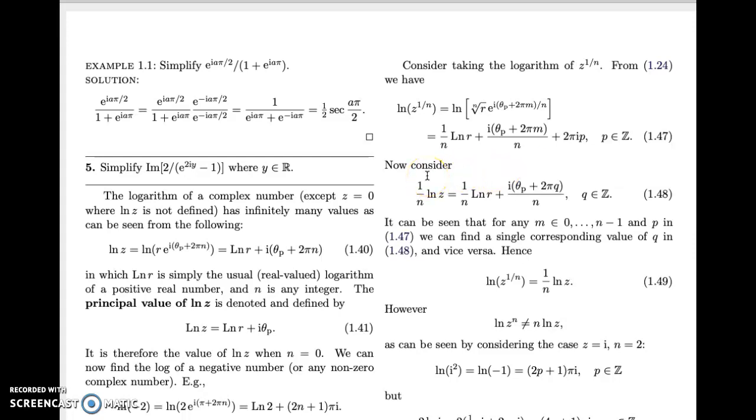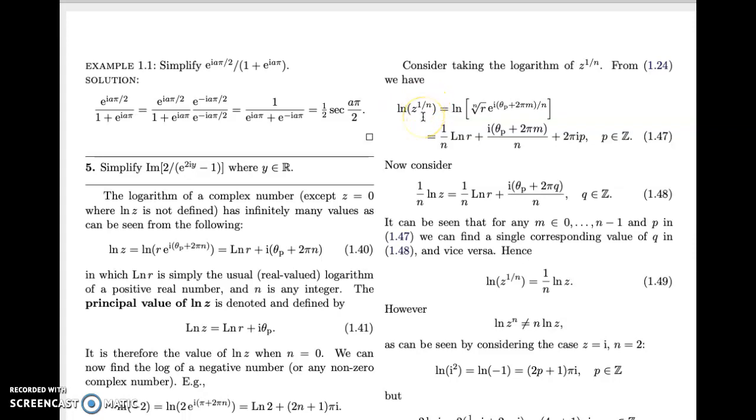So now consider 1 over n times log z. So that is simply log z divided by n. So are these two things actually equal? We've got log of z to the power 1 over n.